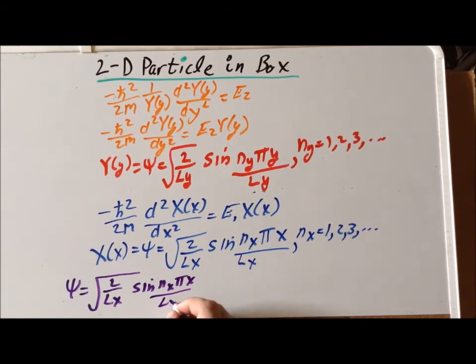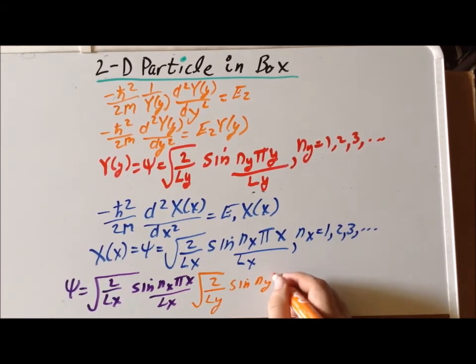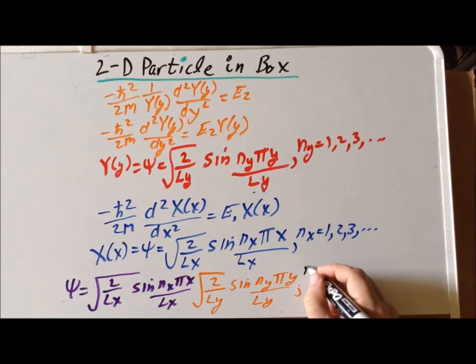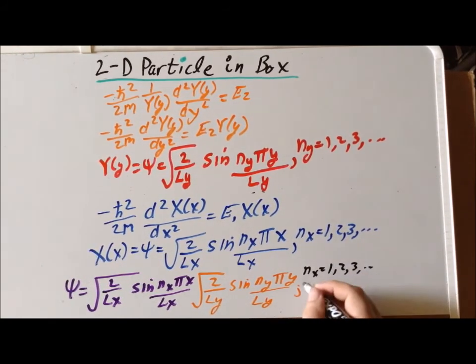And then multiplied times it, we have the y part, which is the square root of 2 divided by L sub y times the sine of n sub y pi y divided by L sub y. And the n's, so n sub x is 1, 2, 3, and n sub y is also some combination of 1, 2, 3.